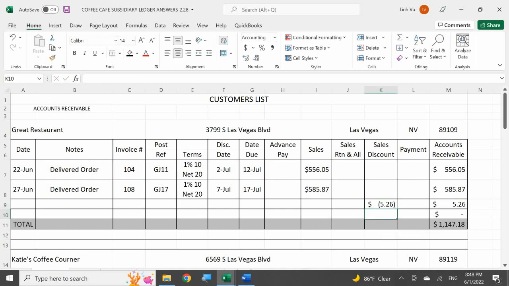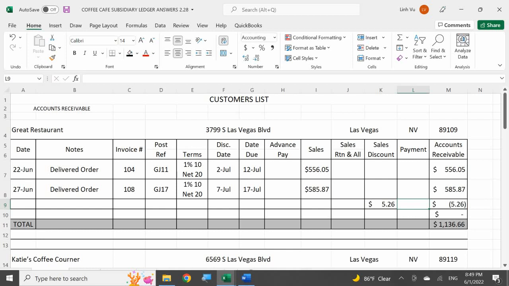That means it is a grand total of $5.26 discount. Okay? I don't know why it's negative. This should just be 5.26, right? So that's $5.26 for the discount.